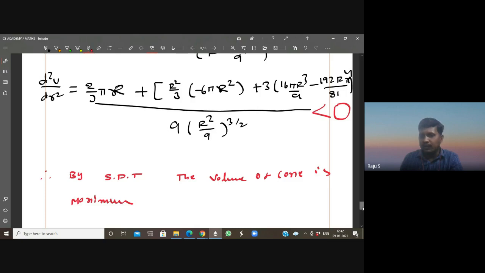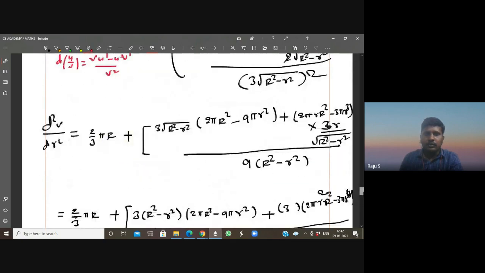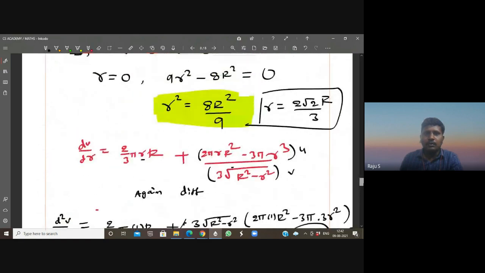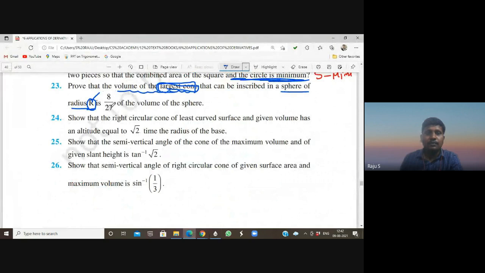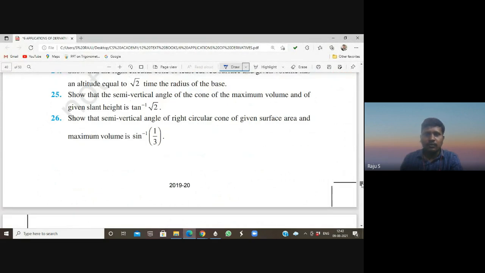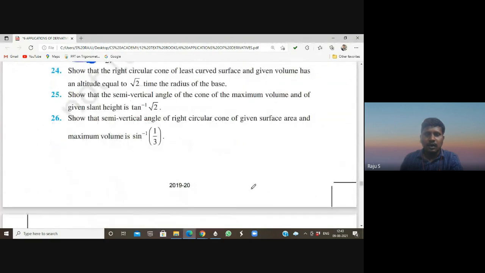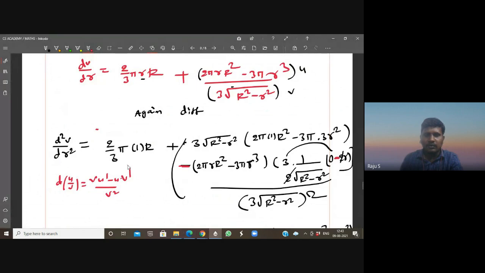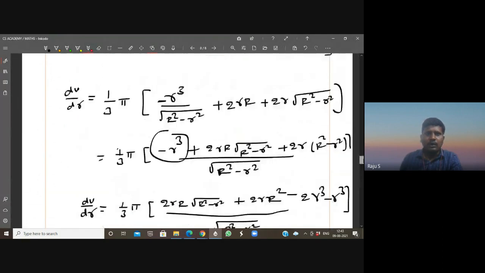Okay, maximum, fine. Just 2 minutes, I'll finish it. So what shall we prove? It is 8 by 27, right? So this r square value, h value, I want to substitute in V1. What is h?